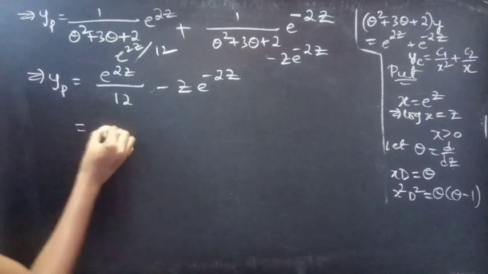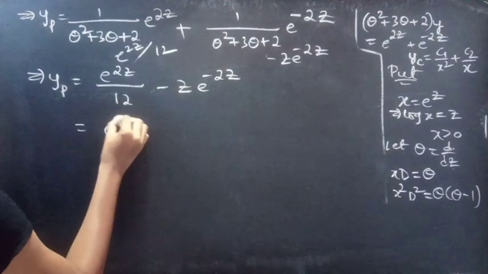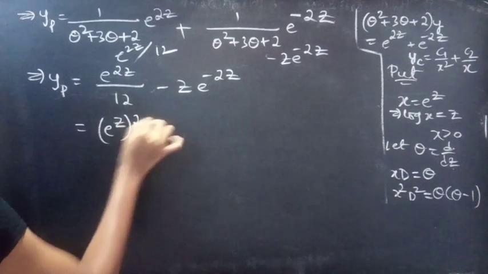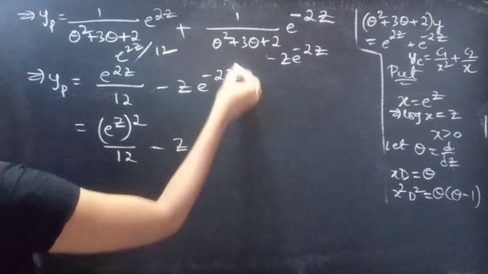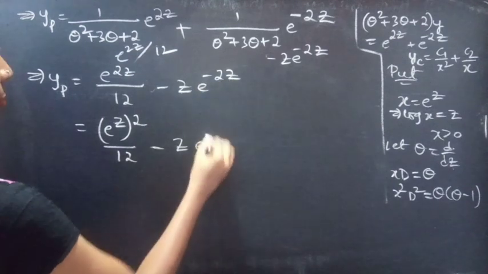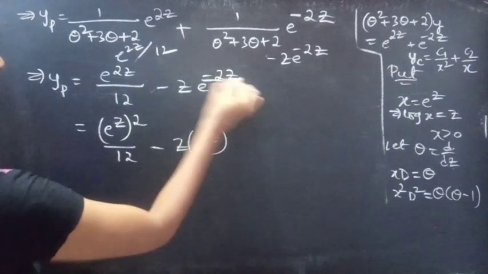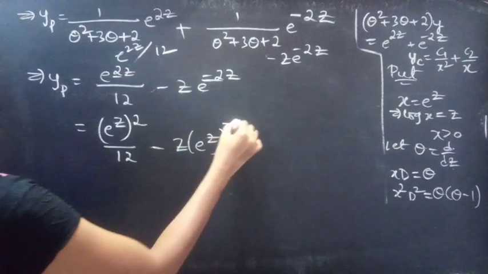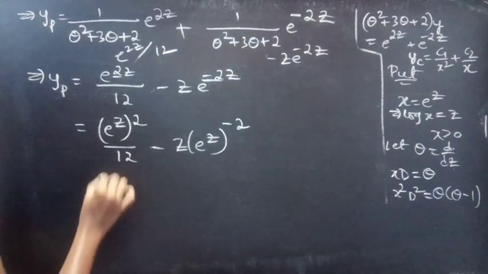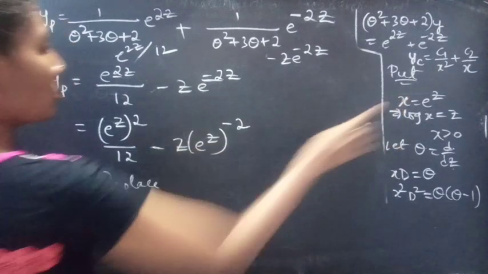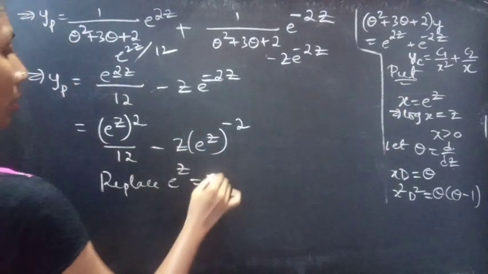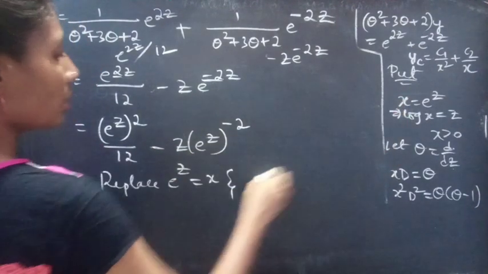For that purpose, we'll write e power 2z as e power z whole square by 12, minus z into e power minus 2z as e power z power minus 2. Now replace e power z by x and z by log x.